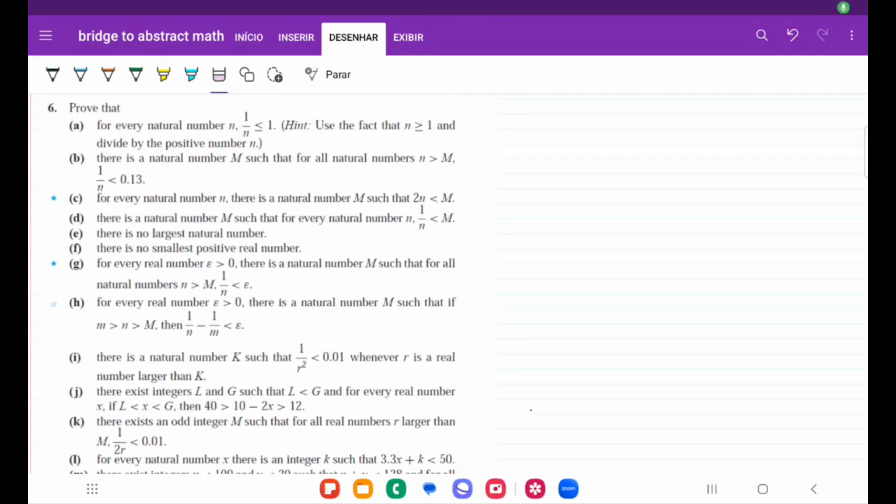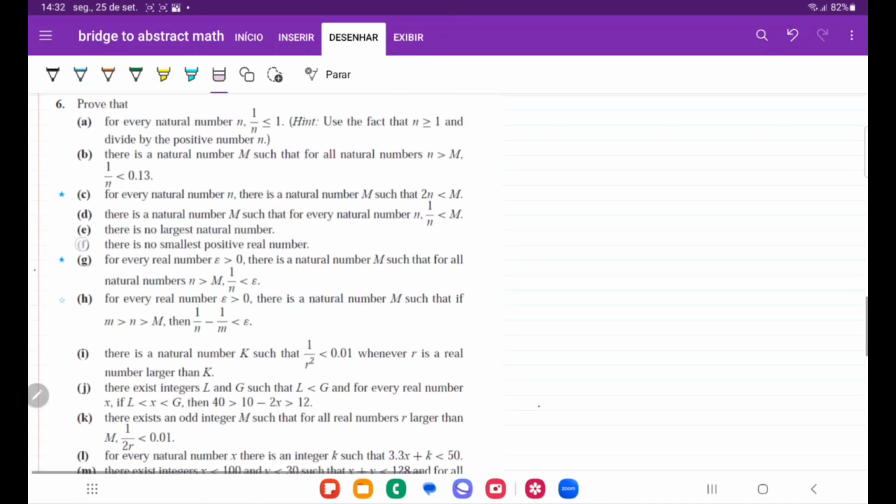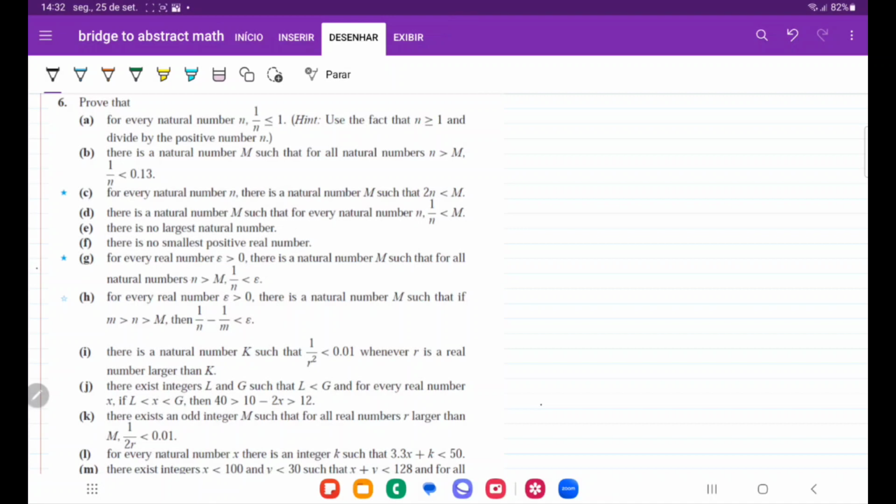Now, for item G, we have that for every real number epsilon greater than 0, there's a natural number m such that for all natural numbers n greater than m, 1 over n is less than epsilon. So for G, let epsilon belong to the set of real numbers, and let epsilon be greater than 0.